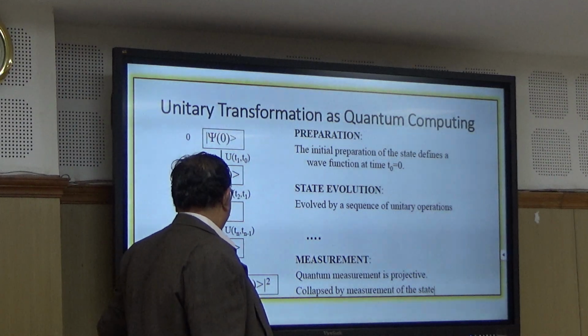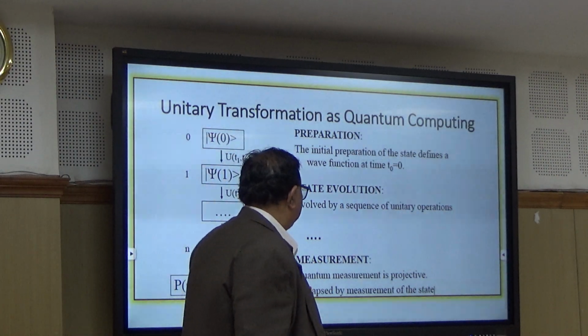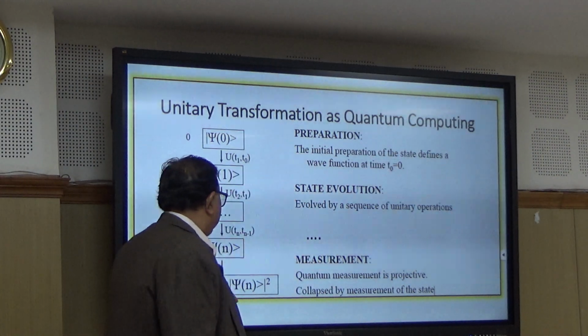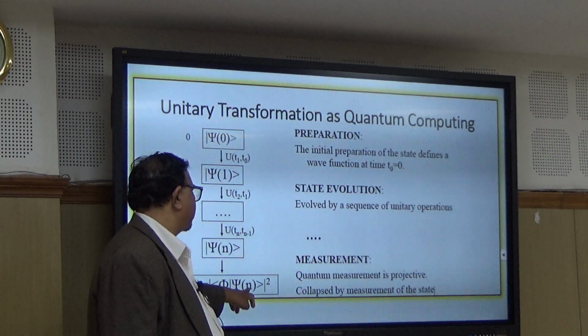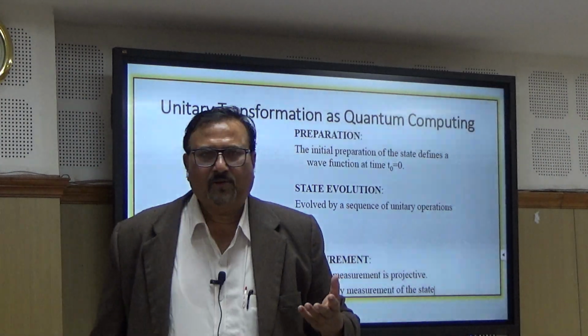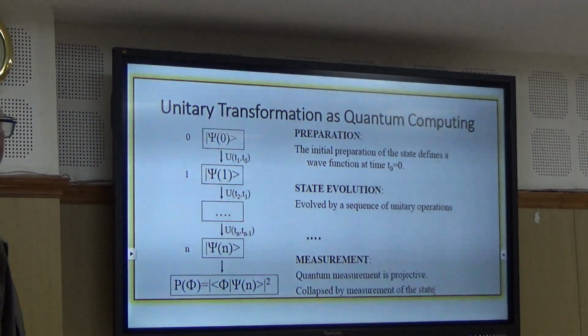So this is a fair possibility that the quantum measurement in total can be defined in terms of psi m square. This is basically the mathematics used for your quantum computation.